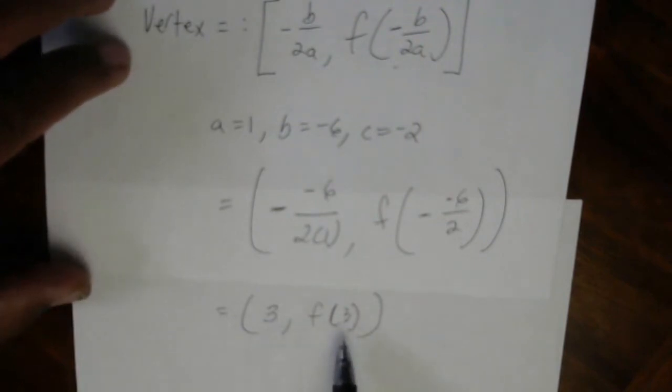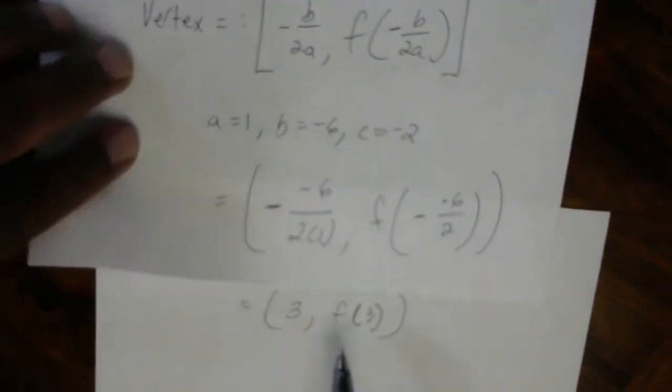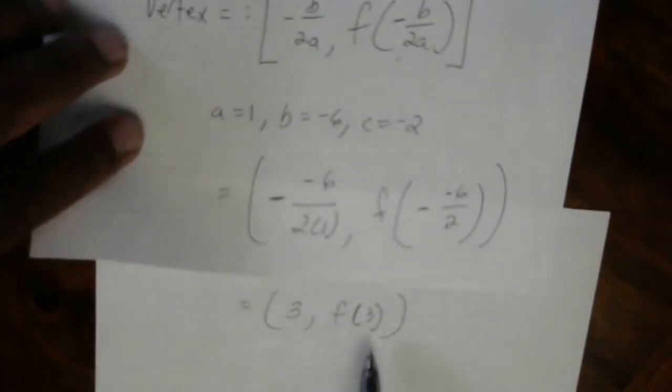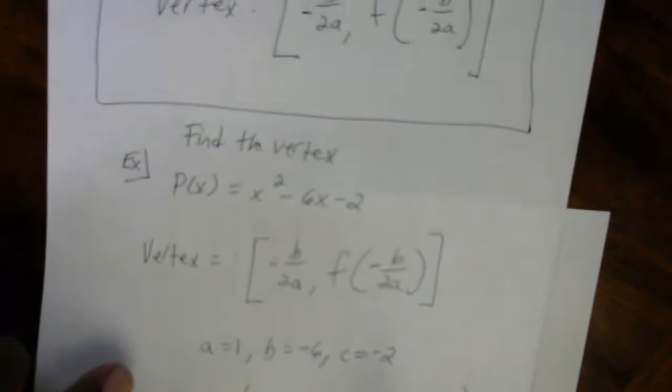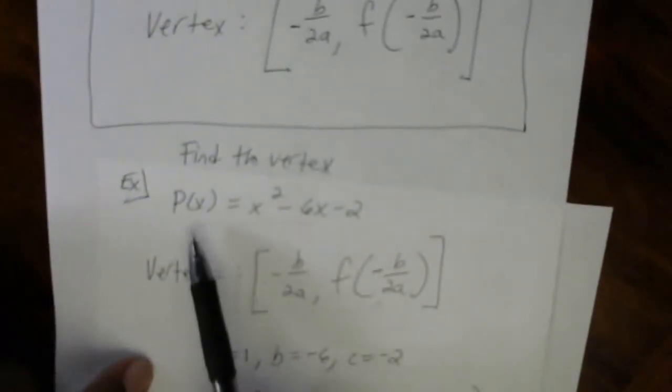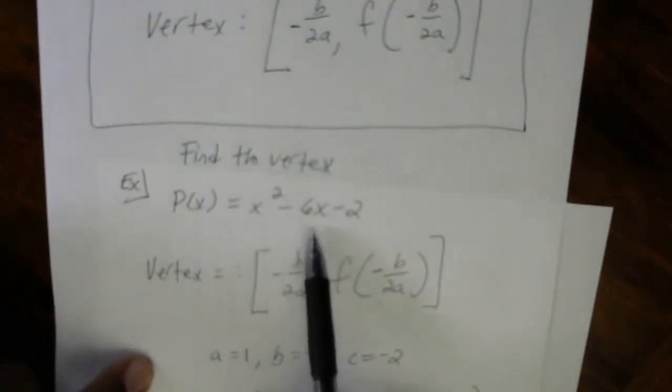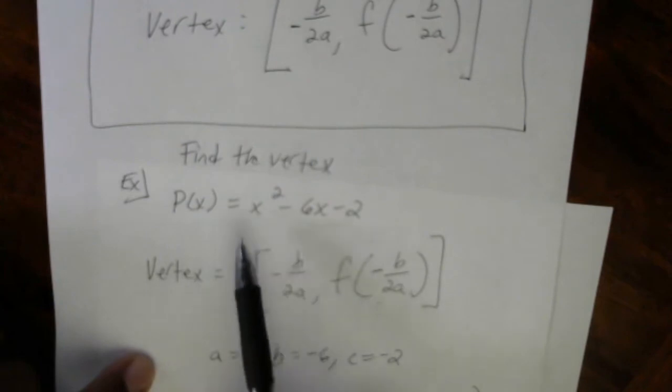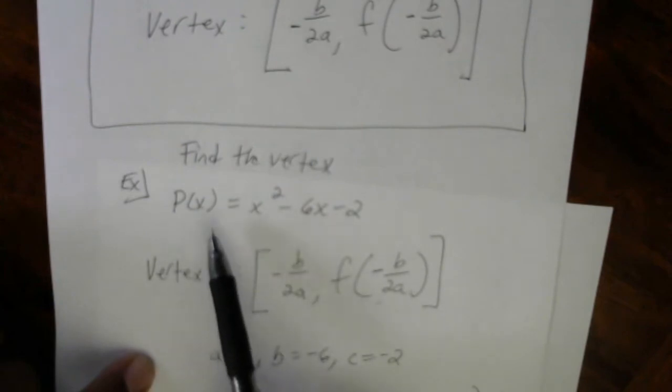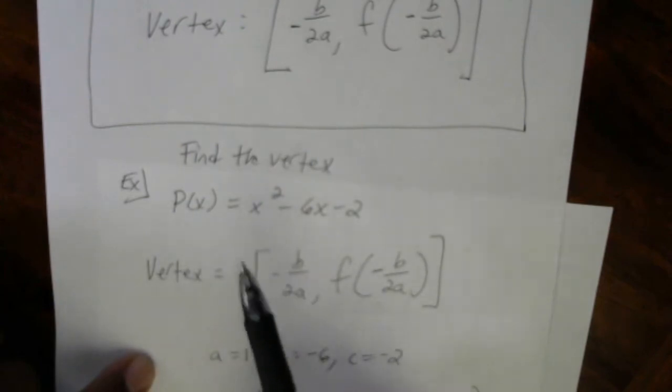So how do we find f of 3? Well, in order to find f of 3, we must go back to our original function, and we want to substitute x for 3.